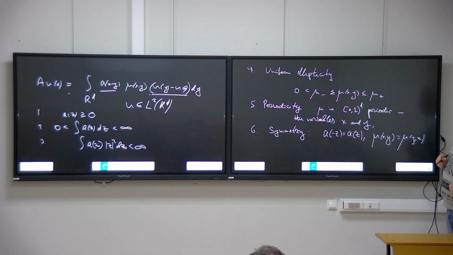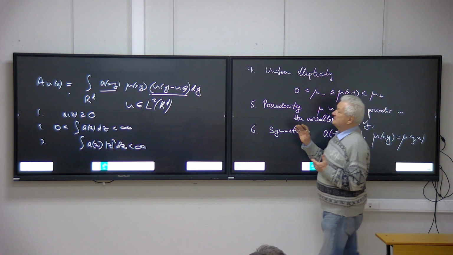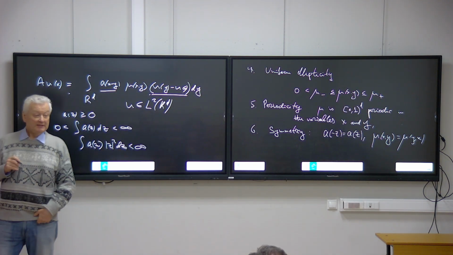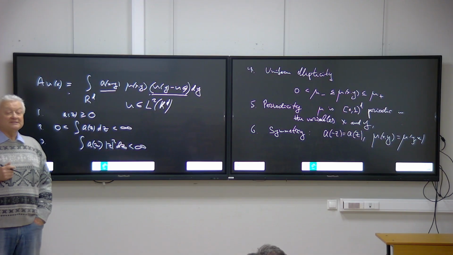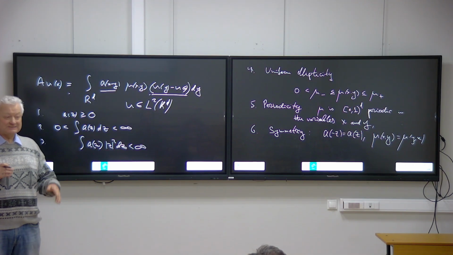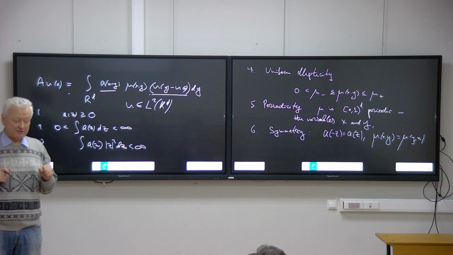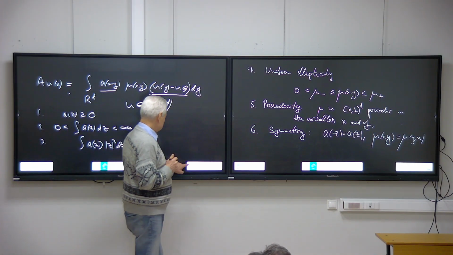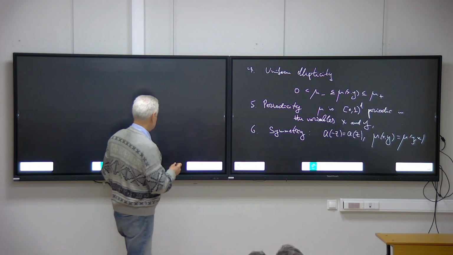So we have this framework. And what can we say about this operator? This operator is always a bounded operator in L2. That makes a big difference with a differential operator. So let's go further here.